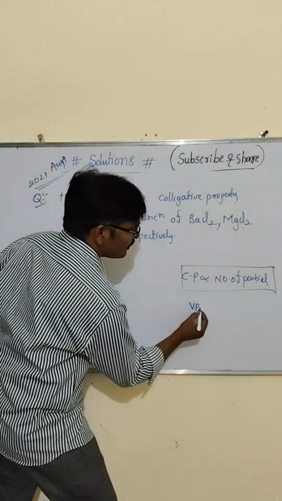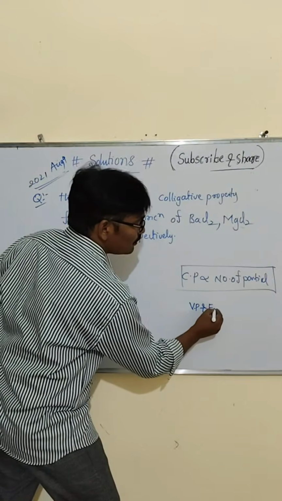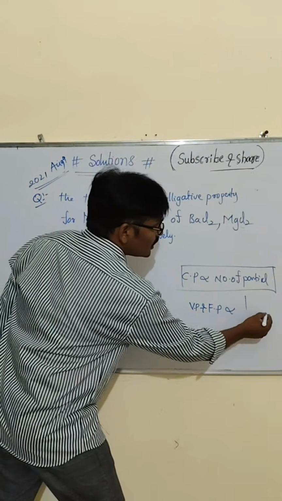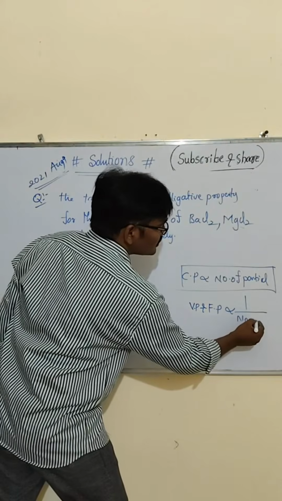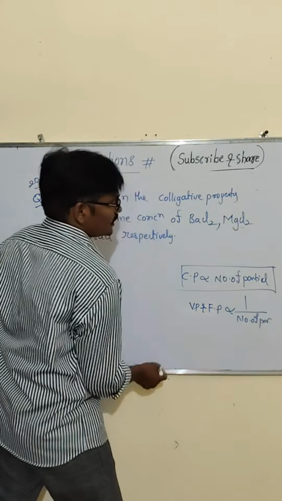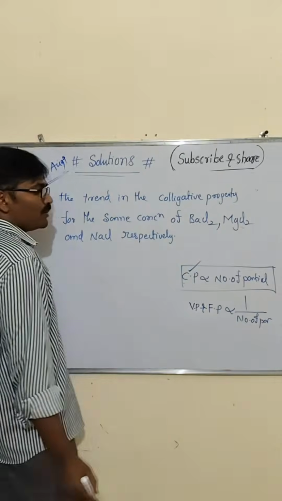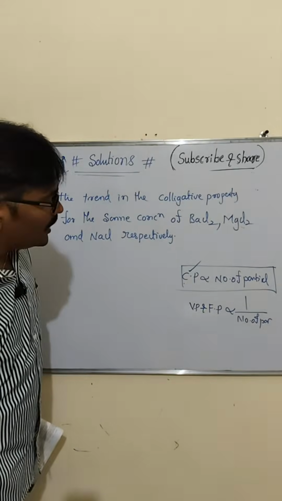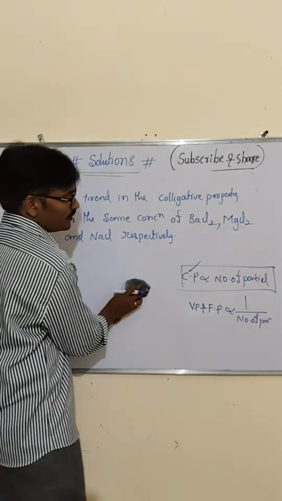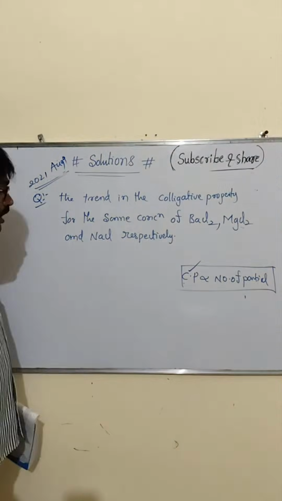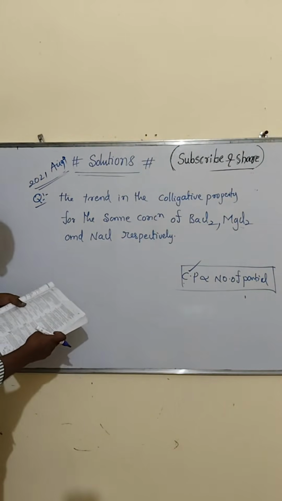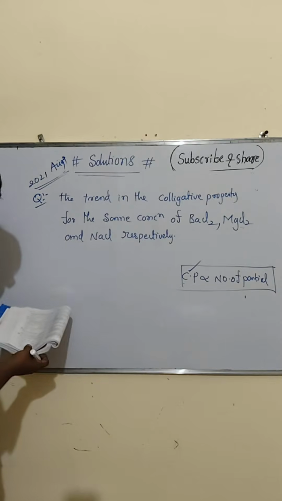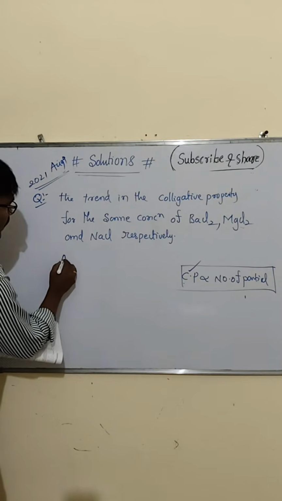Vapor pressure as well as freezing point are inversely proportional to the number of particles. For all the remaining colligative properties, it is directly proportional. So remember. Now, what are the options? Note them all down. Option A is mentioned.